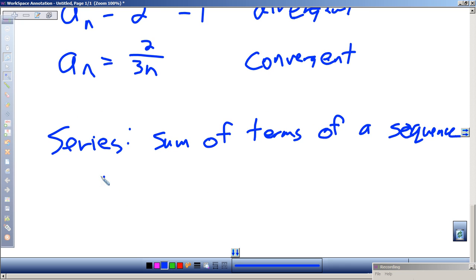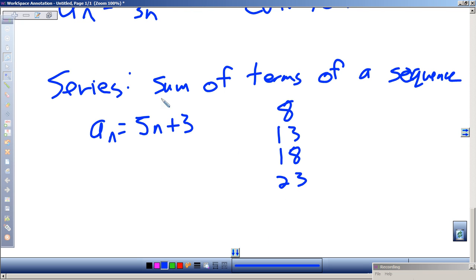So if I did, let's see, a_n equals 5n plus 3. Okay, what's its first term? 8. Second term. Third term. Fourth term.